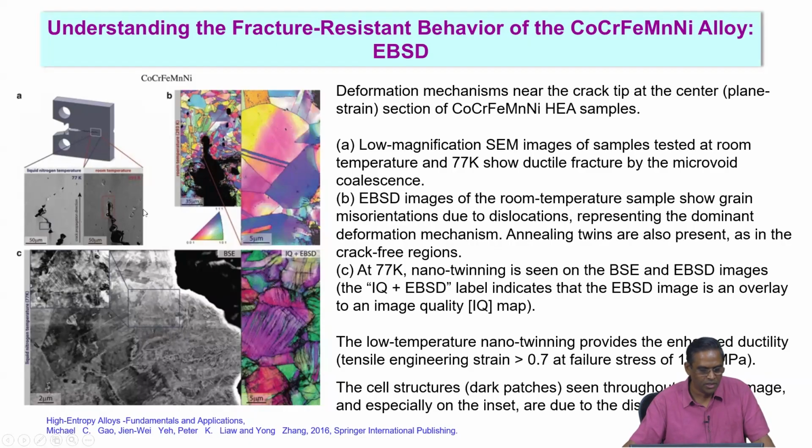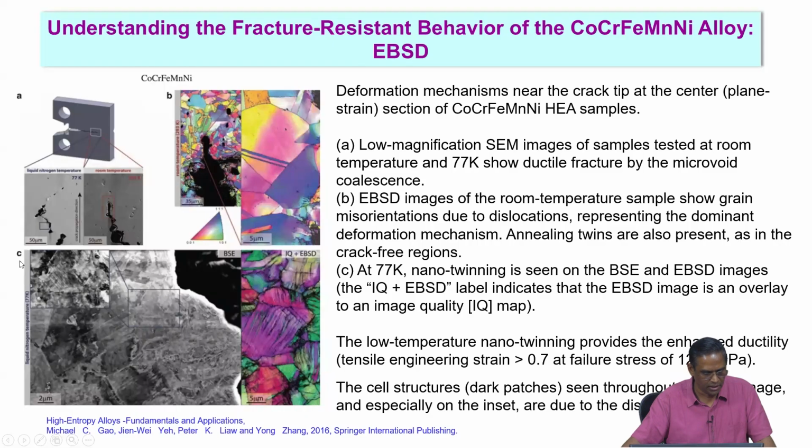And the same region is now marked by an EBSD map, and you can see that a small rectangle here is being zoomed into this EBSD map. We will look at these details one by one.